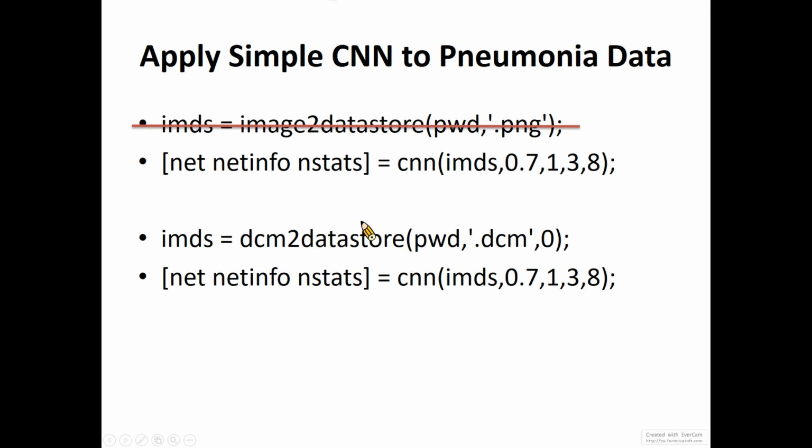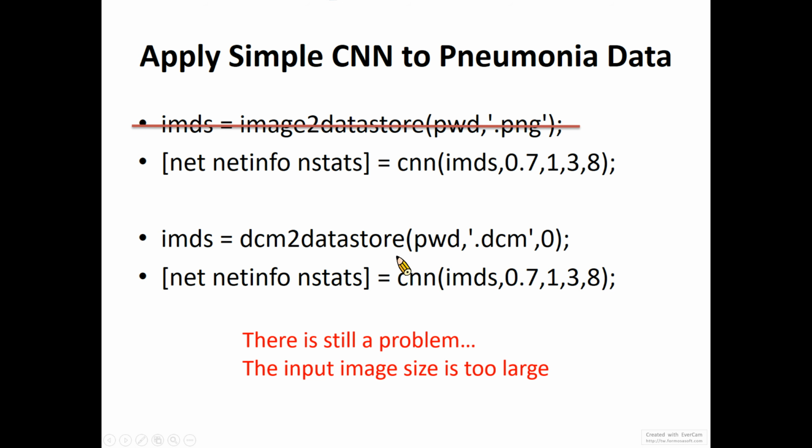Okay, so now we use the DCM to data store functions to create our IMDS data store variable. But not so happy, because when you execute this line, you will encounter an error when you do the CNN training. It is because the input image size is still large.